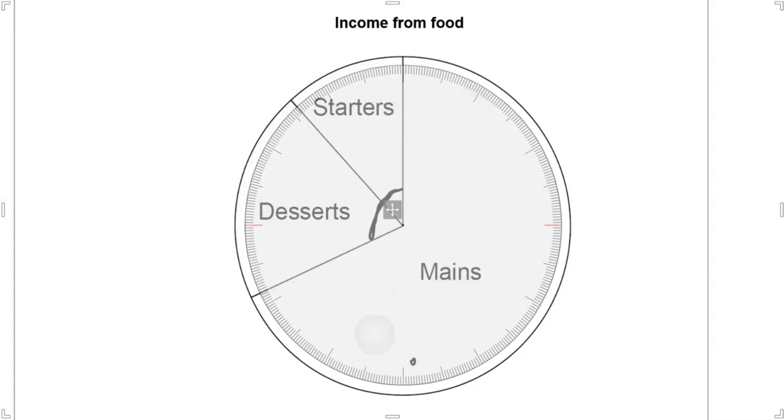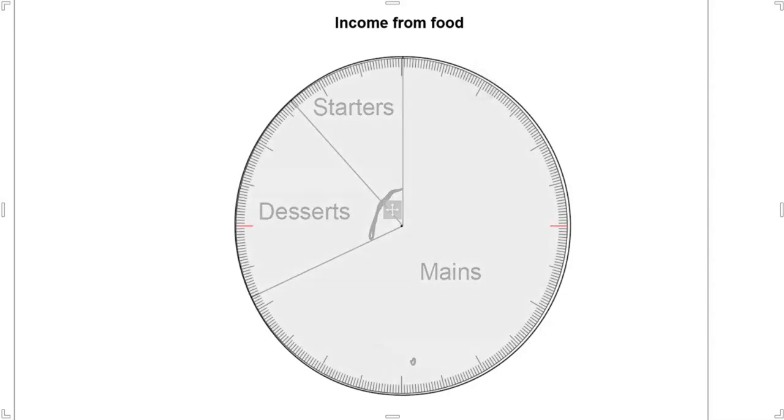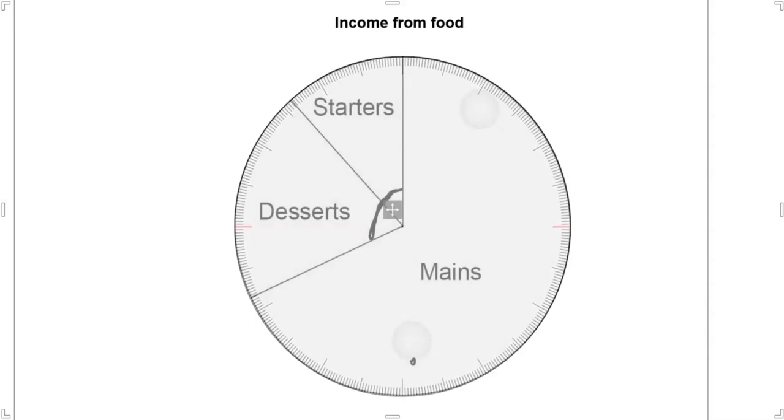So lining it up correctly, and making sure you start from 0.